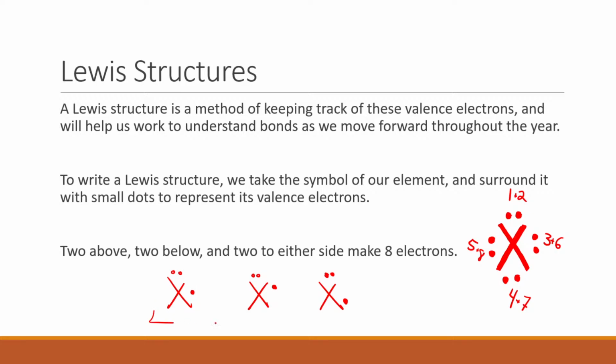All 3 of these are the same picture. Now, if you were to draw a Lewis structure of something with 3 valence electrons and put the dot on the bottom, that is wrong. We must have the first 2 up top, the third on the right, 4th, 5th, 6th, 7th, 8th, kind of circling around to fill in those spots.